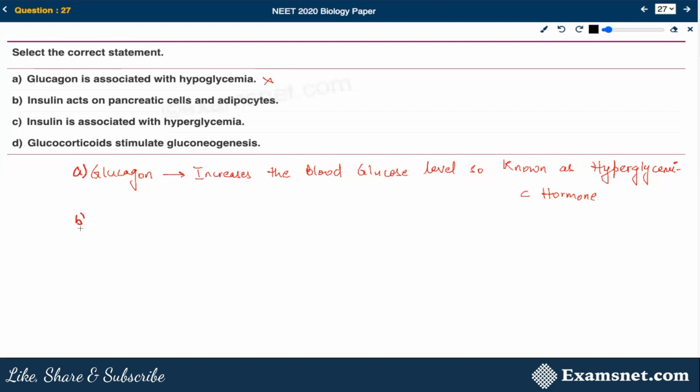Then option B is insulin only acts on pancreatic cells, since this is being released from the pancreas only. That's all.